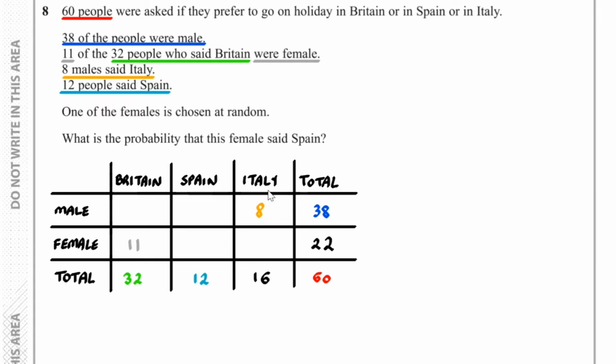And then 16 take away 8 is 8, so we have 8 females who said Italy. 22 take away 8 take away 11, that's 3, so we have 3 who said Spain. 12 take away 3 is 9, so we've got 9 males who said Spain. 32 take away 11, that's 21, so 21 males said Britain.